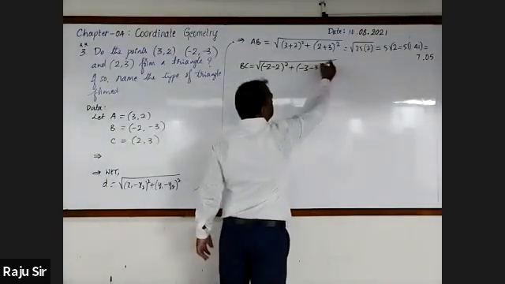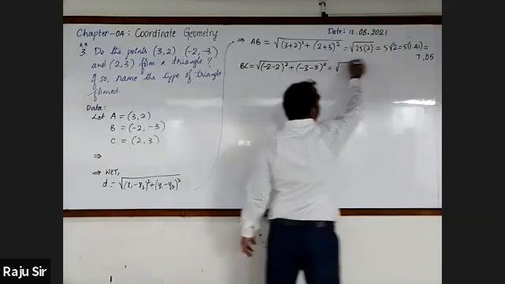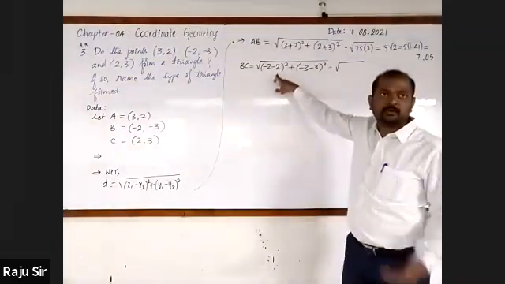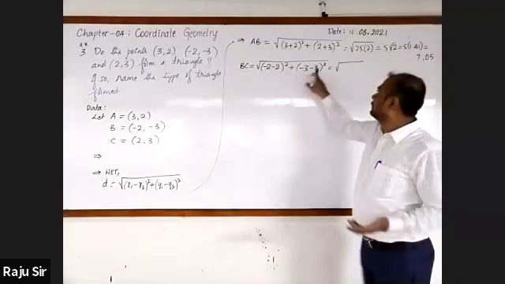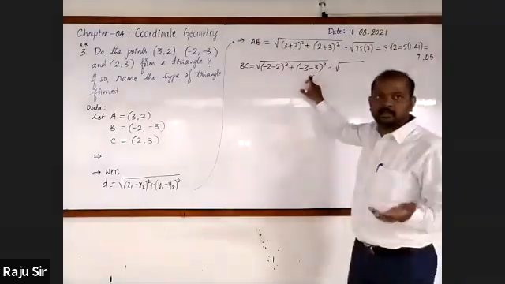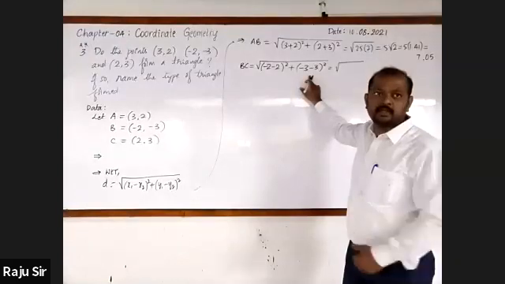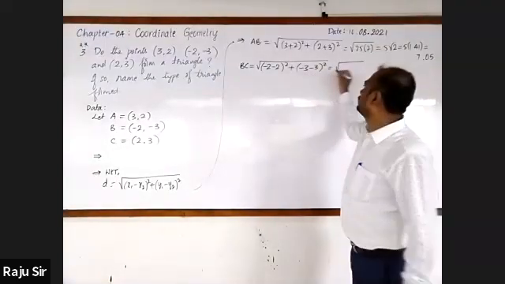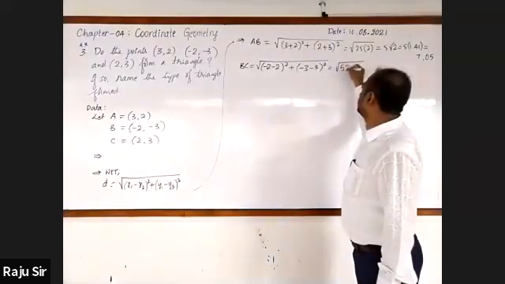Which is equal to minus 4 whole square is 16. Minus 6 whole square is 36. 36 plus 16 is 52. Square root of 52.